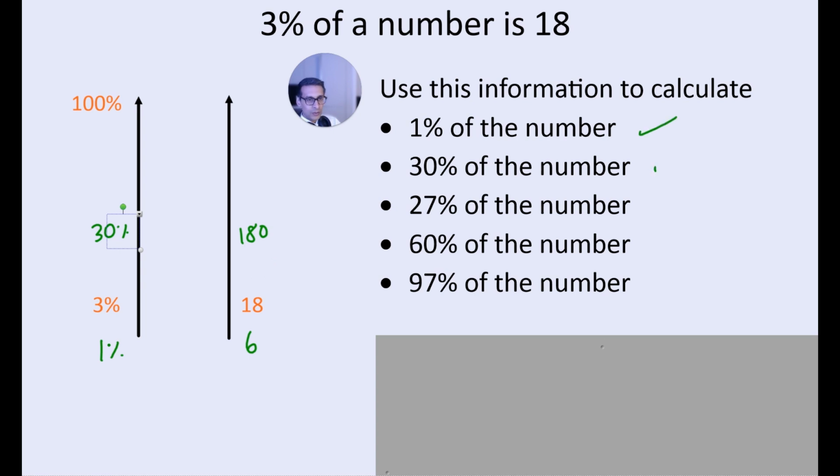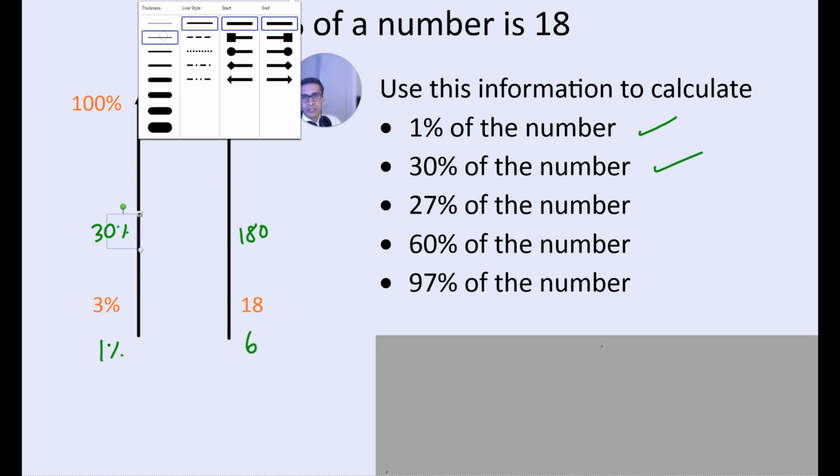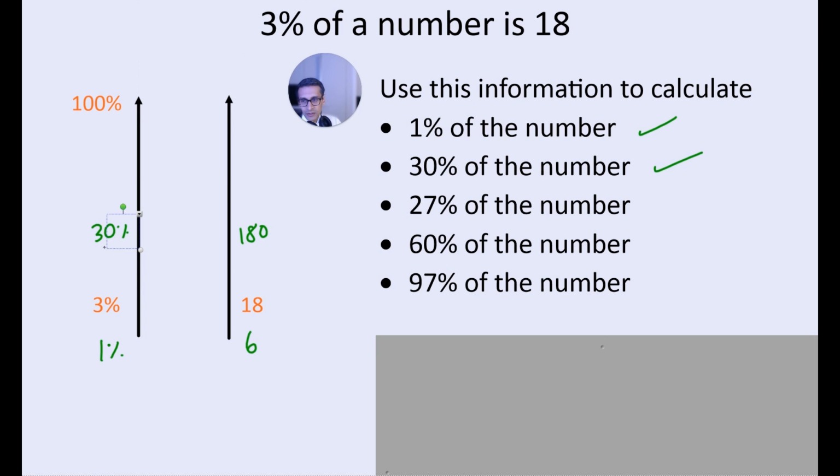So we've done that. 27%. Now, let's see what we already have. Well, can we make 27 using what we have? I think we can. We can use 30 and 3. So 30% take away 3%. So that's going to be 27%. So that's 180 take away 18. That's going to give us 162.